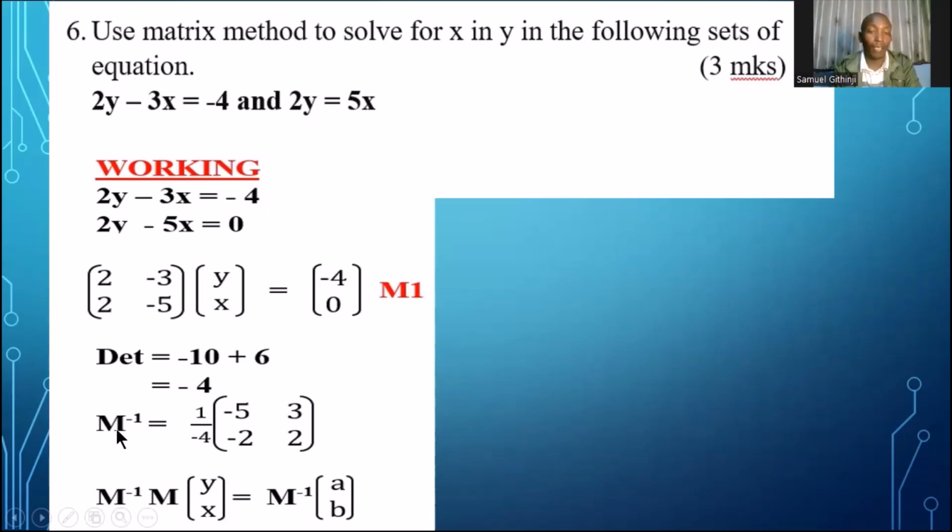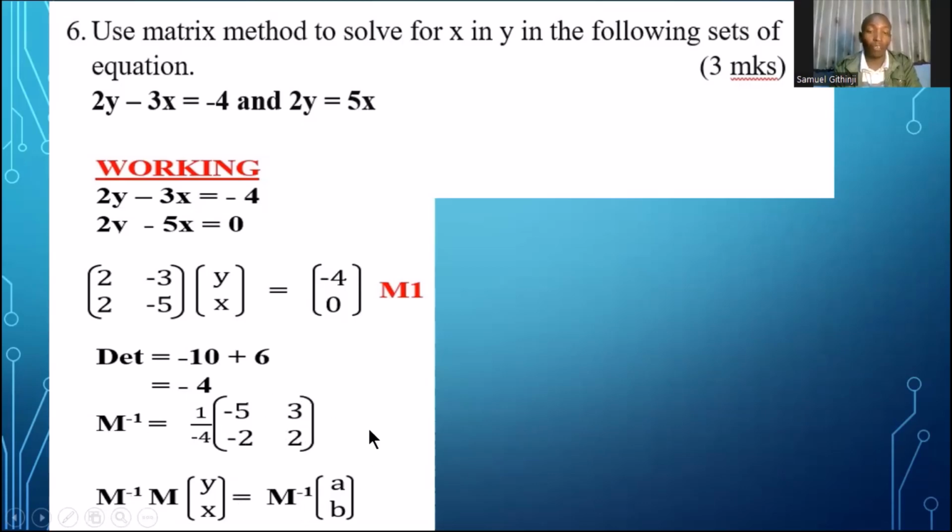Then the inverse of that is 1 over the determinant. Then, of course, remember what we usually do here. I interchange the elements in the principal diagonal. Then the elements in the other diagonal take different signs. As you can see, this is the inverse, as simple as it is.